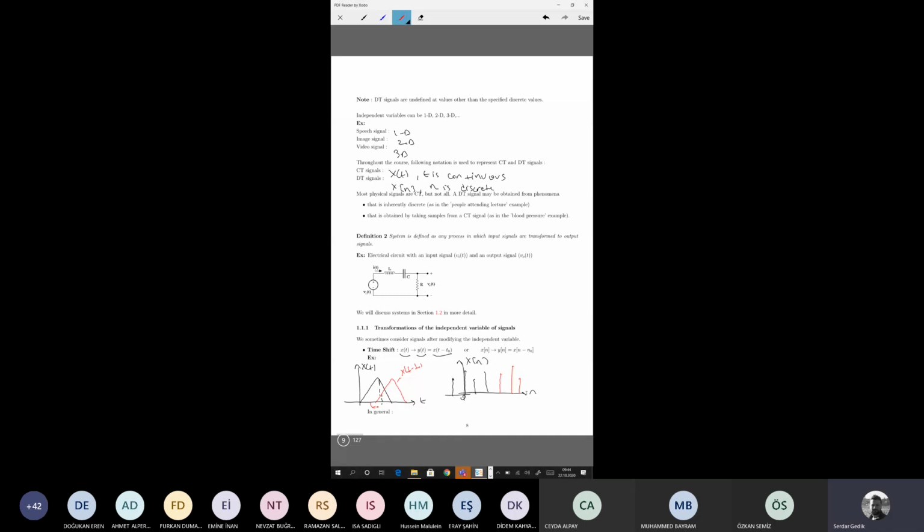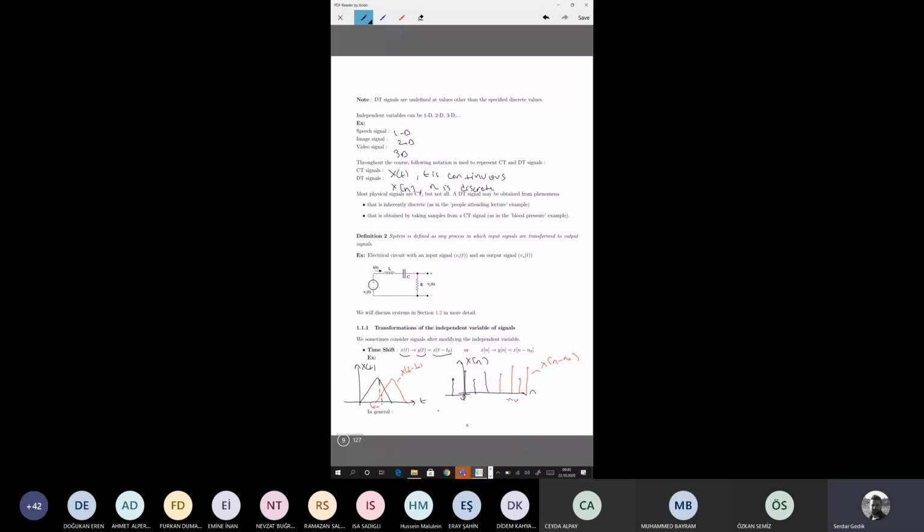This is my shifted signal, x of n minus n0. In the original signal, the first peak was at 0, but now the first peak is at n0. So this is my shifted signal, again to the right or to the left, depending on my n0 value.